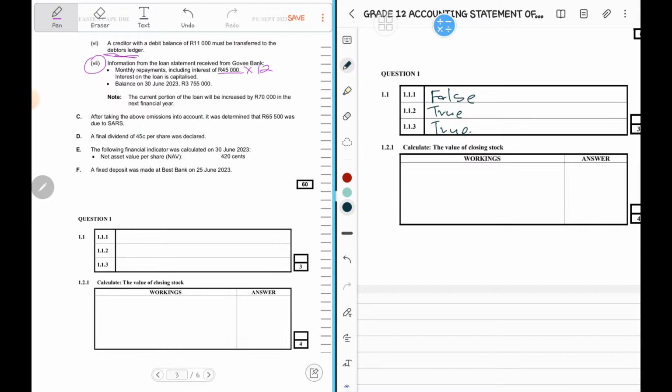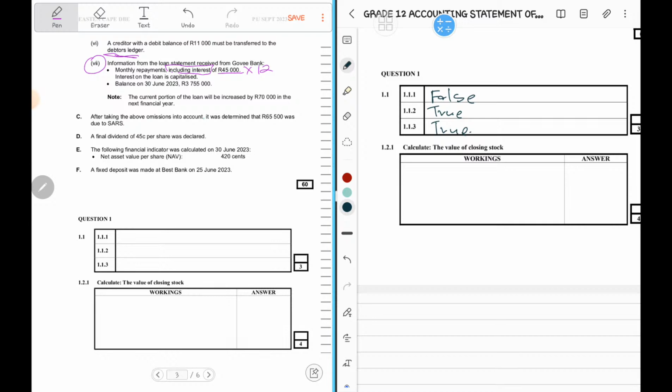Then that will give us the annual loan repayment. Then again, we have to be mindful of the interest that is included in the repayment. So we can use the loan repayment that is inclusive of the interest, so that we can find the interest as well. Then we can also find the capital portion of the loan that is repaid for the year.